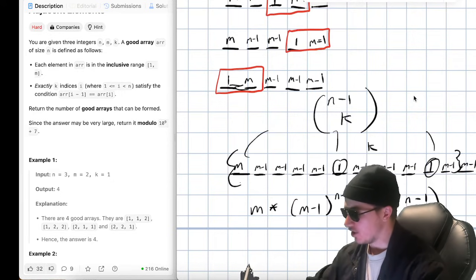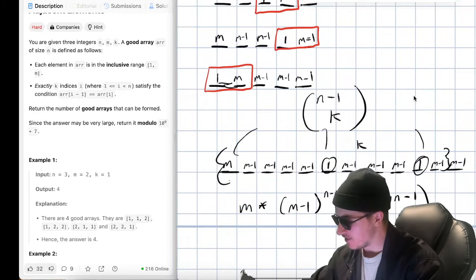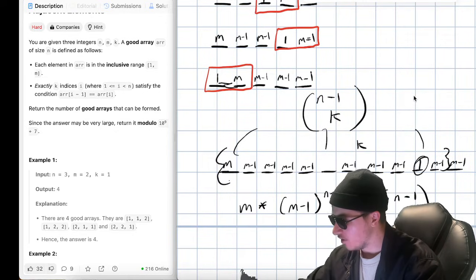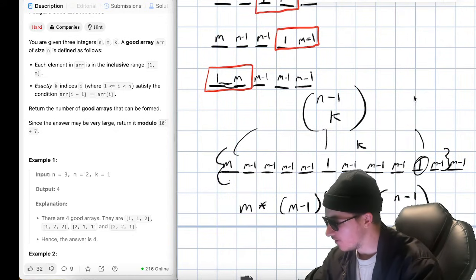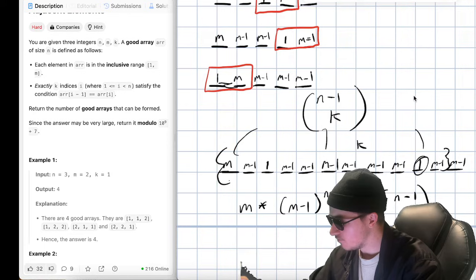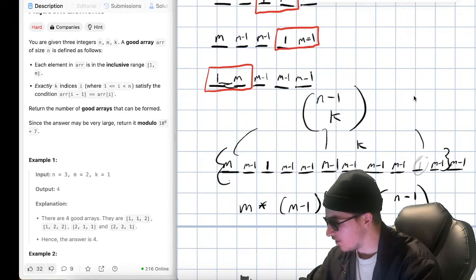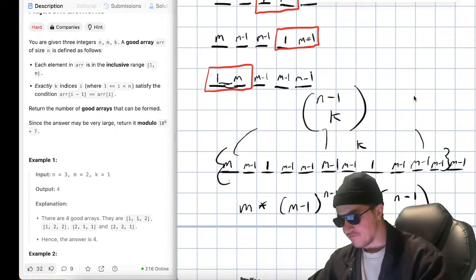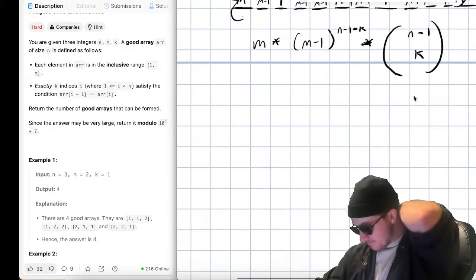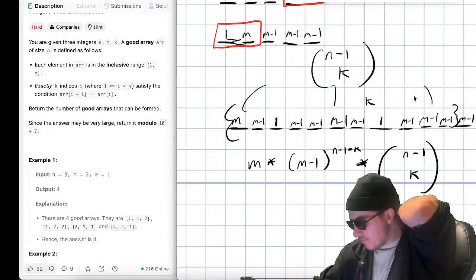Because this is just one example. I also have the example where I put the k over here, and another example where I put the k over here. So there's k ways of choosing where I put it out of these n minus 1 slots.